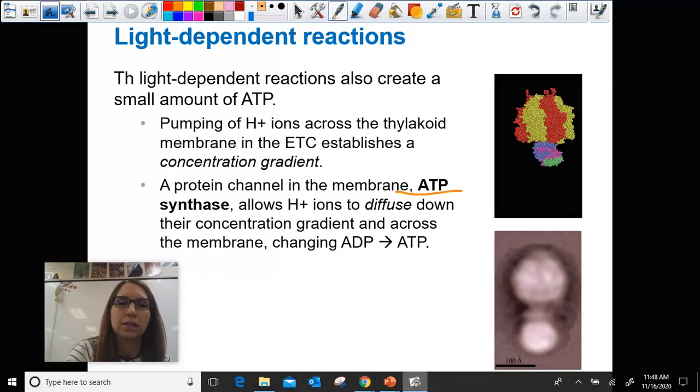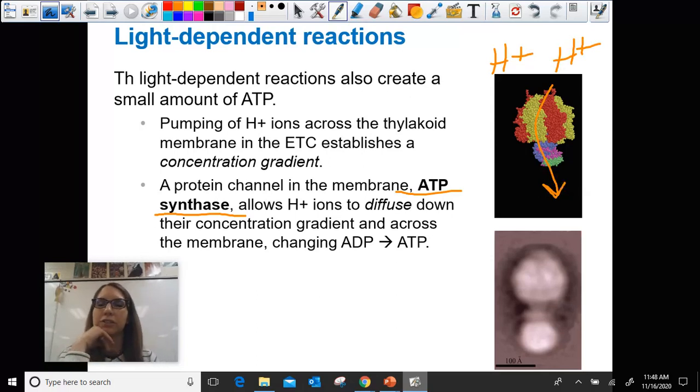So here's my ATP synthase. As we're finishing off this first stage, where I've got lots of hydrogen ions on one side of the membrane, these can diffuse again down a concentration gradient to the other side. As they go through this ATP synthase propeller, the propeller itself starts to spin around.